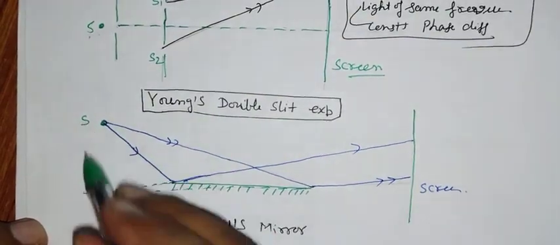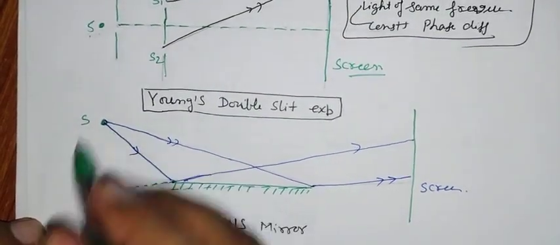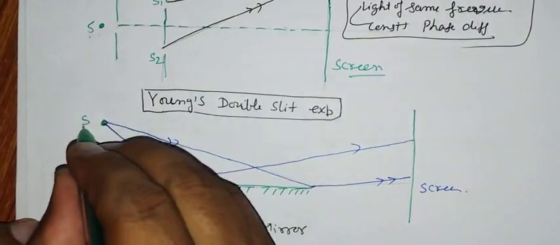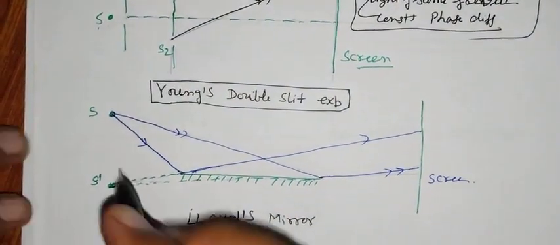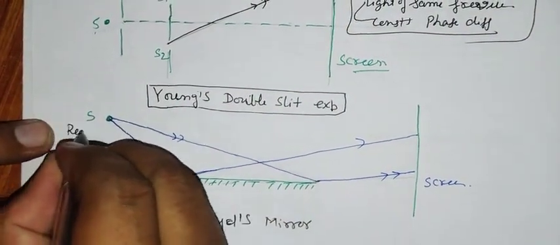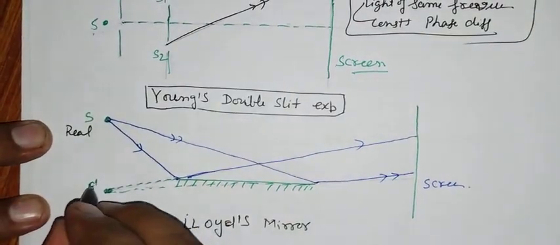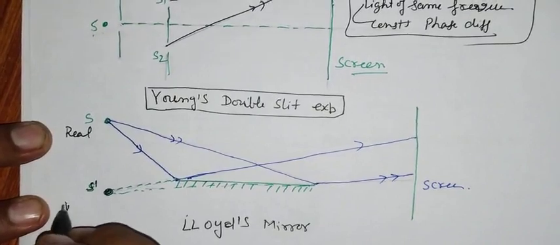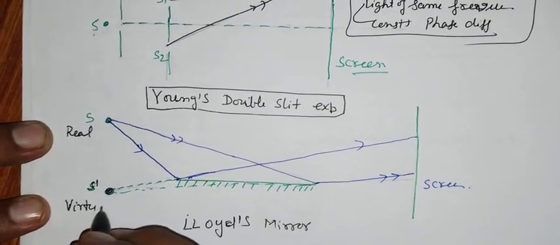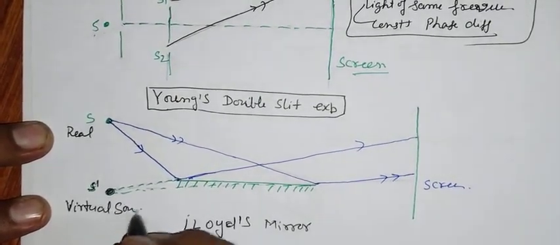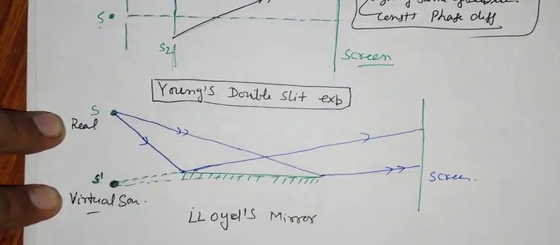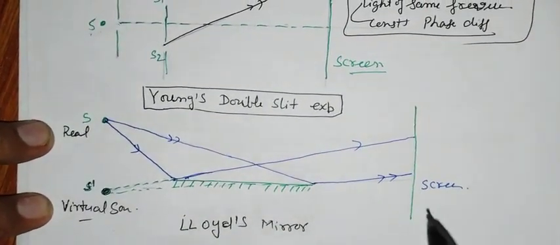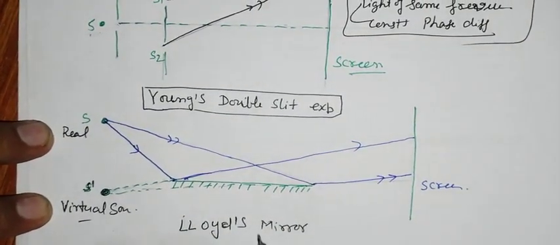So here, two sources are produced: the source S, which is a real source, and the source S dash, which is a virtual source. The interference pattern is obtained.